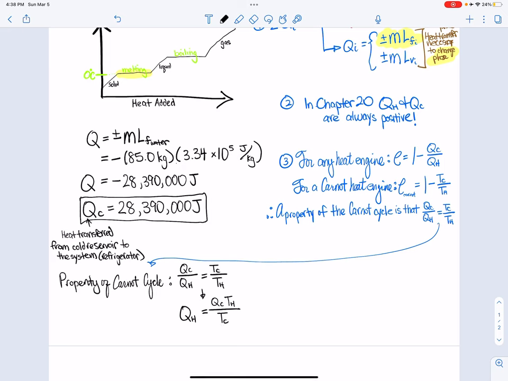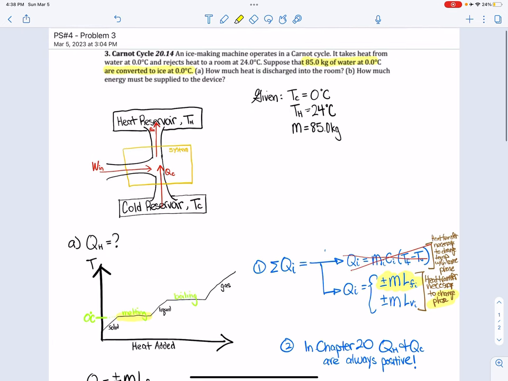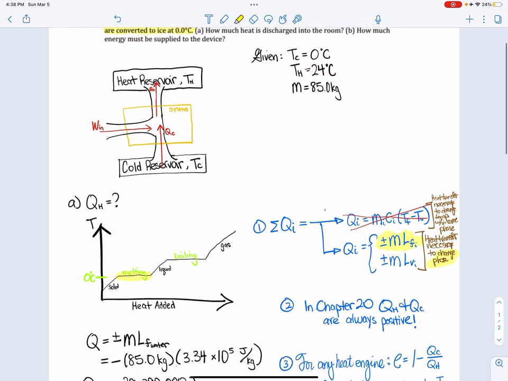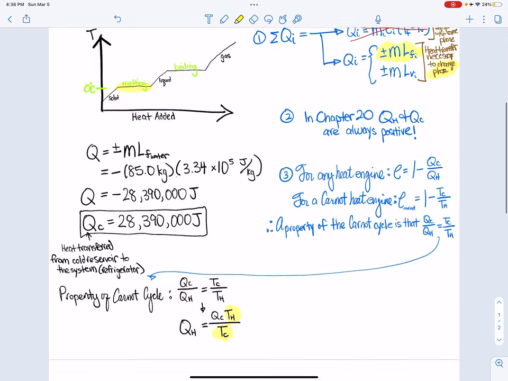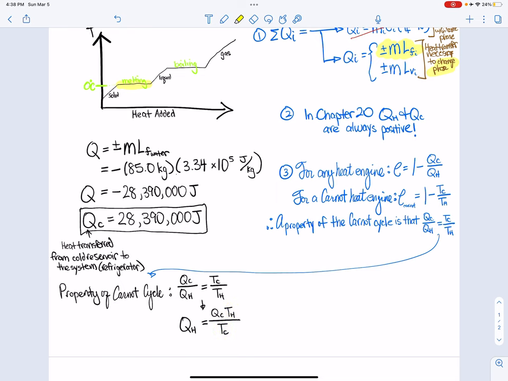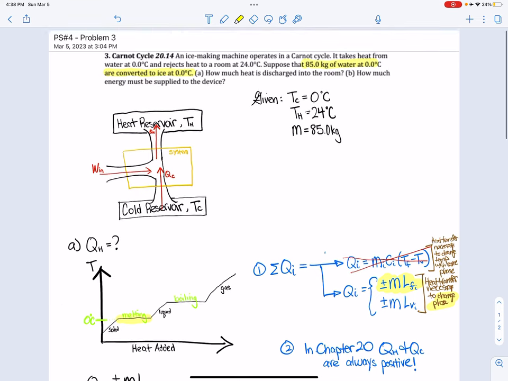So I'll just plug in my values. One thing to note is that for temperature here, I can't use Celsius. I have to convert this to Kelvin first. So I'm going to do that quickly, and then plug this back in and solve for QH.